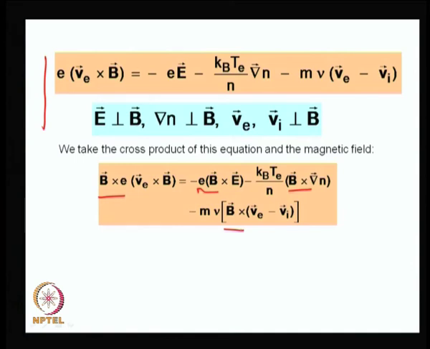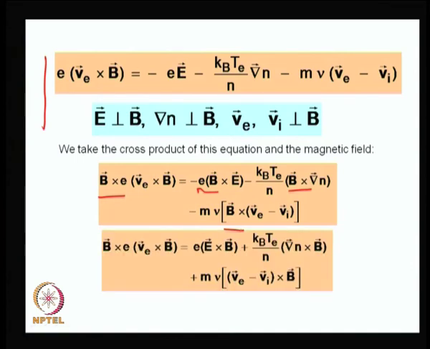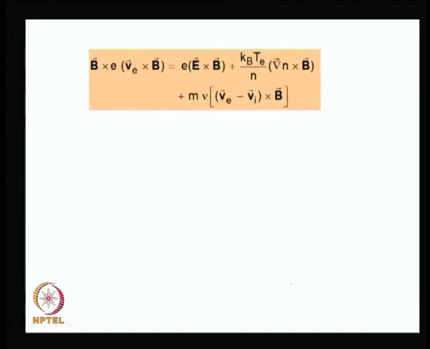So, on the right hand side, minus B cross E is simply E cross B. Similarly, we absorb this minus sign in the second term by interchanging the cross product and in the third term too. So, we interchange the vectors in the cross product and now we have to calculate the vector triple product.